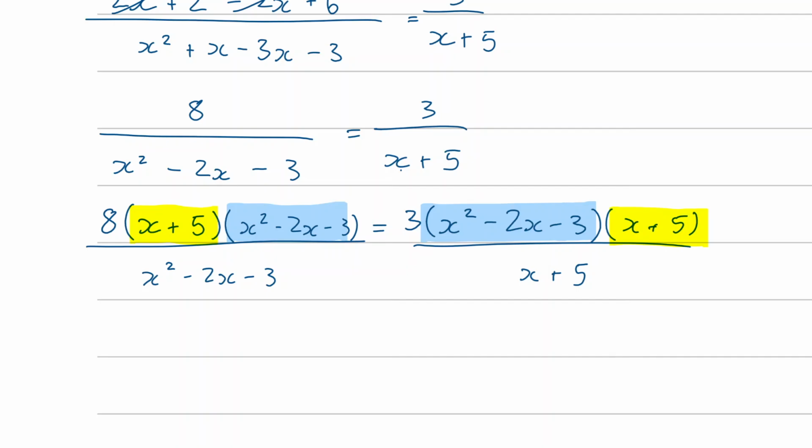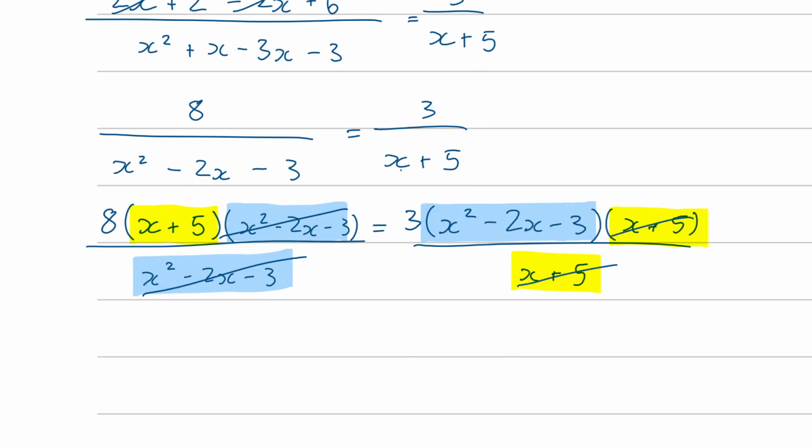And now we see that on the left-hand side, those x squared minus 2x minus 3's cancel. On the right-hand side, the x plus 5's cancel, right? Because something divided by itself is just 1, so we don't need to write that.